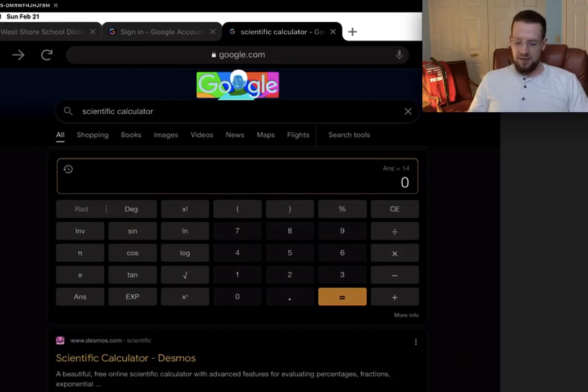Okay, so we have the cosine inverse, the arc cosine of 8 divided by 11. Oh, it's a number. It's 43.3.